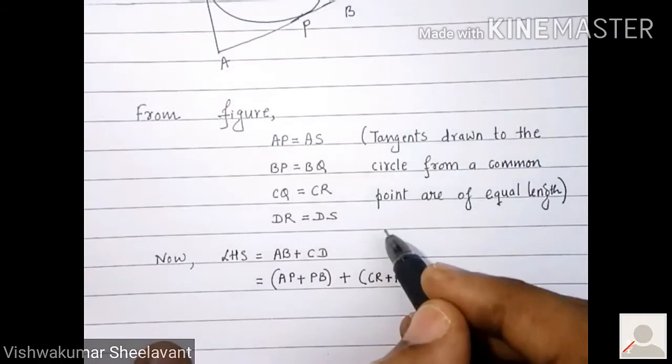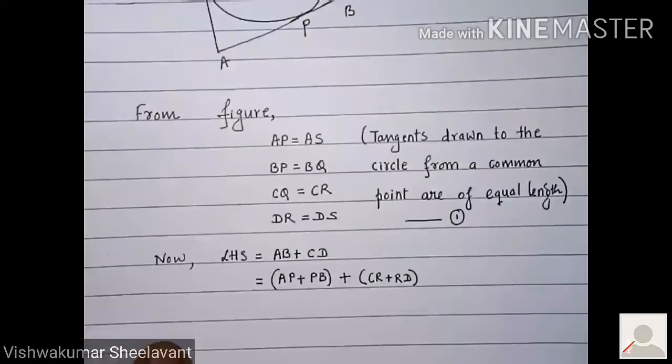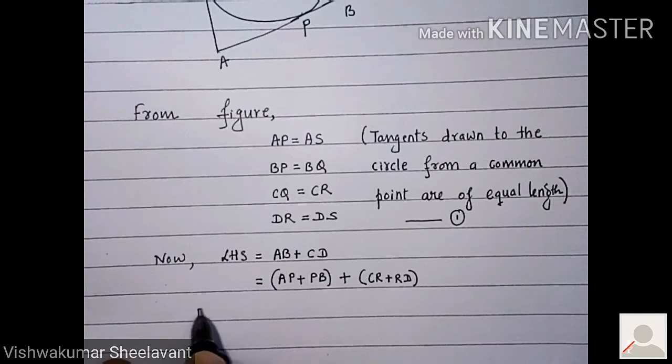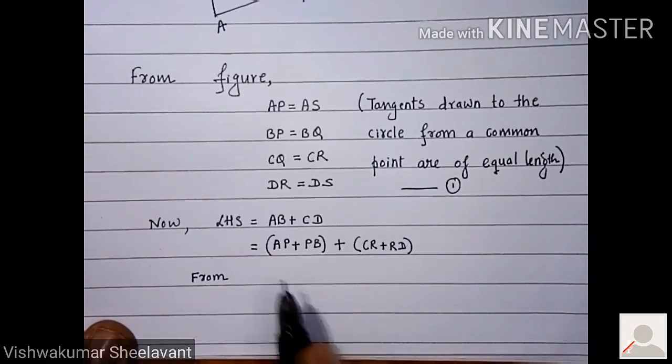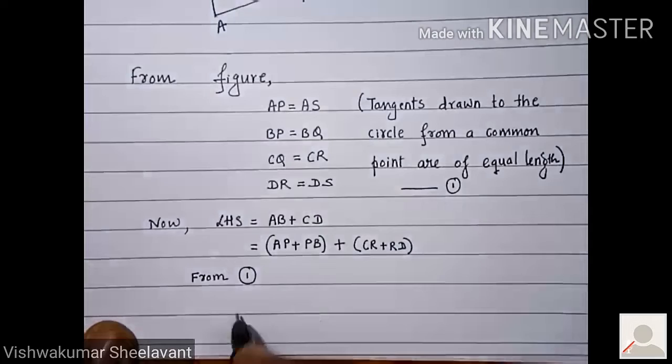All these equalities we can call as equation 1. From equation 1, LHS equal to AP.